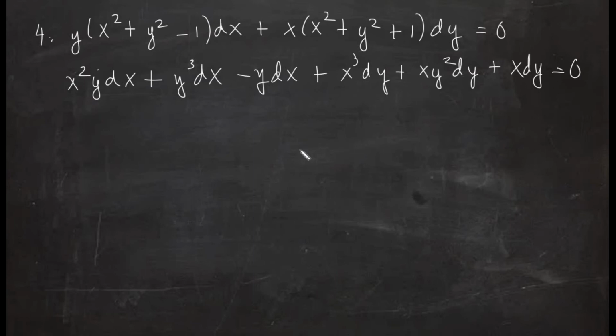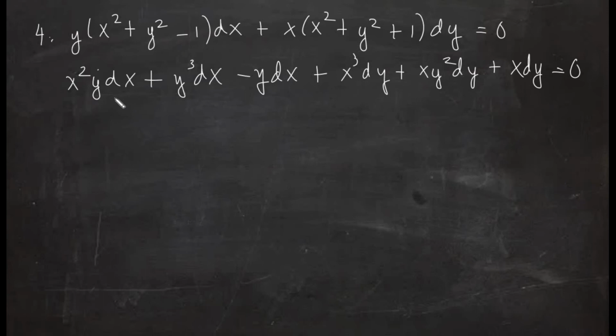Now, similar to what we did, we look for a pattern that would occur. If you notice, your first and your third term, you can factor out y, but that would lead you to nothing. So, you look for another partner.